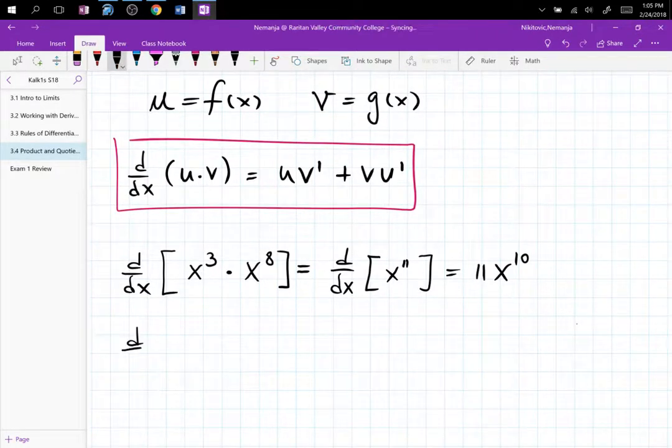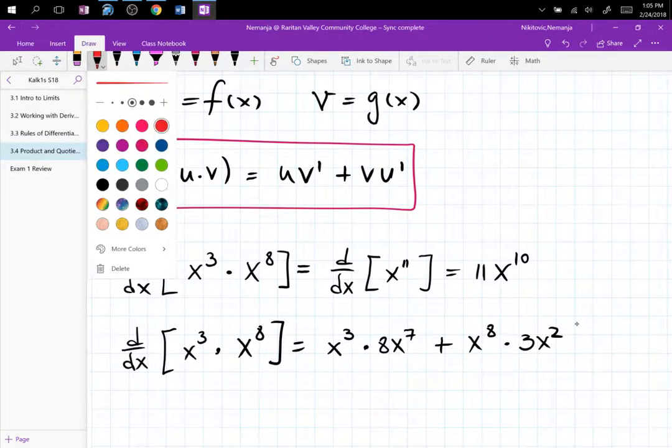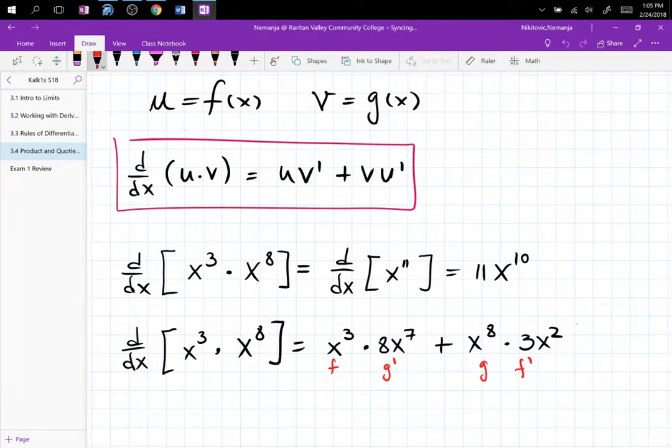But we can also use the product rule to solve the same problem, which is copy the first one, and then the derivative of the second one, which is 8x to the 7, plus copy the second one, which is x to the 8, times the derivative of the first, which is 3x squared. So this is your f g prime plus g f prime, if you're following the formula, or u v prime plus v u prime.